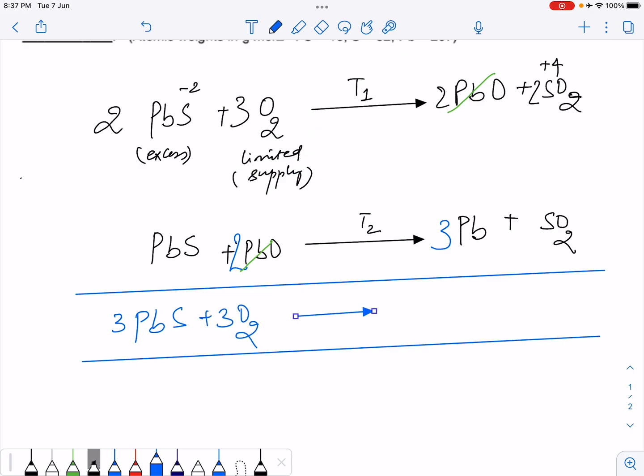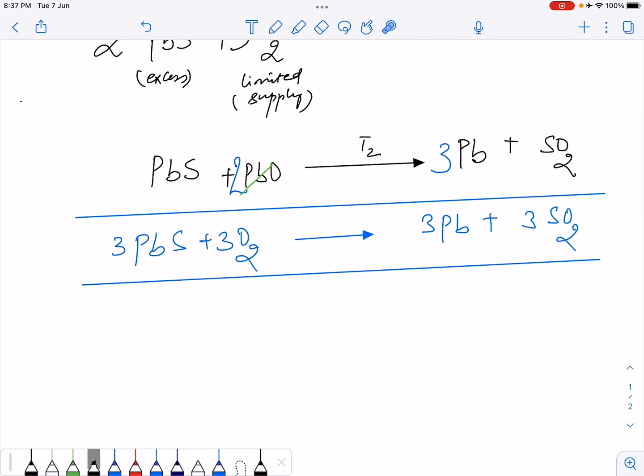It will form 3 Pb and 3 moles of sulfur dioxide, 2 from the first equation and 1 from the second equation, that is 3SO2. From this equation we can take out the common factor 3, and the equation will reduce to the simple equation PbS plus O2 forms lead plus SO2.